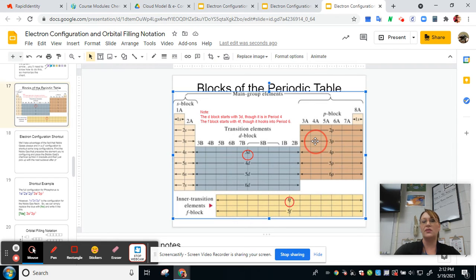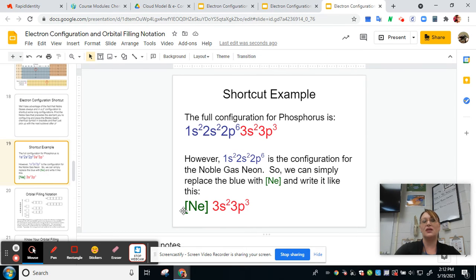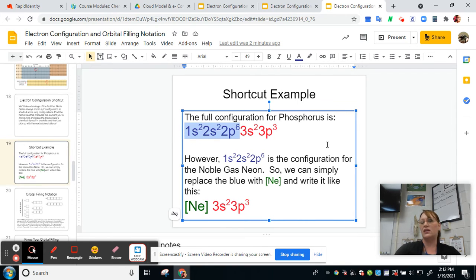Let's find phosphorus. Phosphorus is right here on the periodic table, in the 3p row. If you look at the preceding noble gas, the noble gas that comes before it would be right here. That's neon, and its configuration ends with 2p6. So instead of writing all that stuff that comes before neon, I can just put neon in brackets, and that takes care of the first part of the configuration up to neon. Then I just put whatever comes after neon.